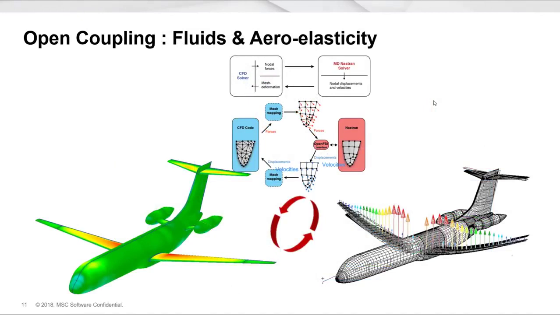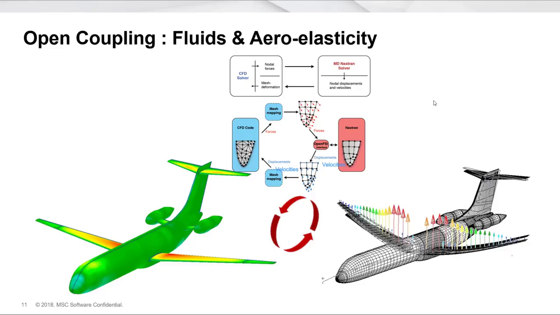Another great example, this time from MSC. In this example, we've linked any CFD code, not just MSC Cradle CFD, to our Nastran Aero-elastic simulation. This link provides an interface between the CFD code and Nastran to allow fluid structure interaction simulations, both static and transient.